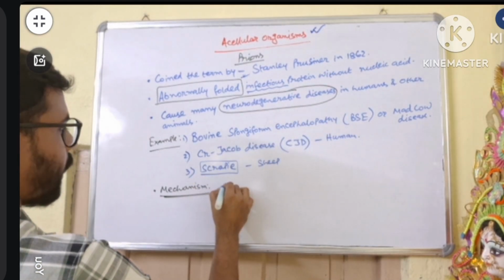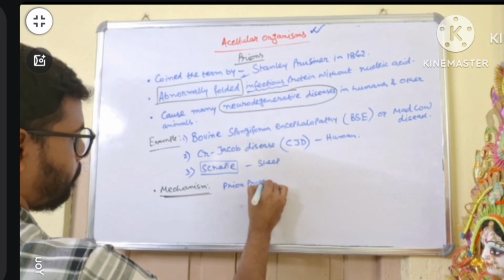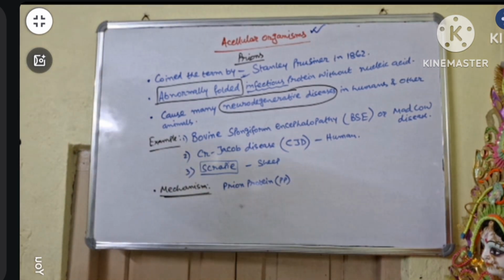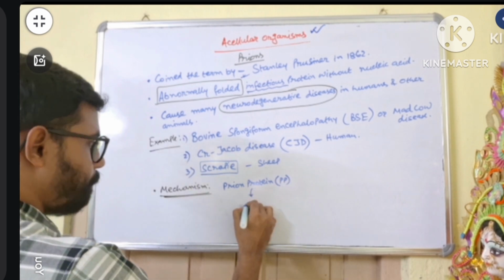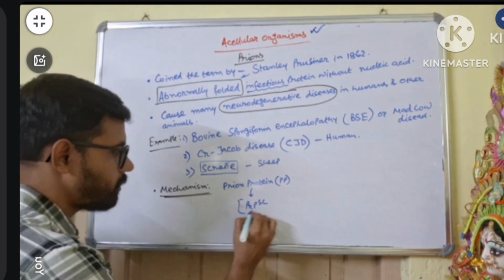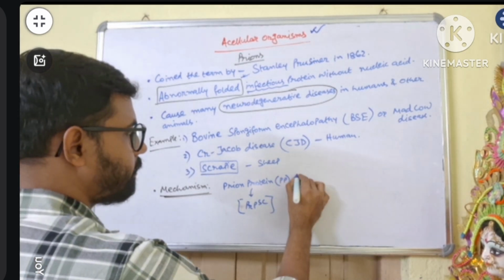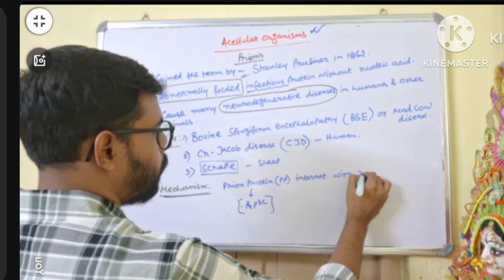Here the prion protein is called PP, or actually in the case of scrapie, the prion protein is named PrPSc. That means prion protein of scrapie, PrPSc. The prion protein first interacts with a normal protein.